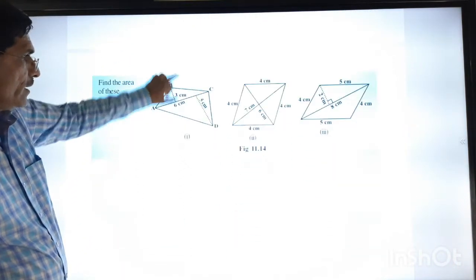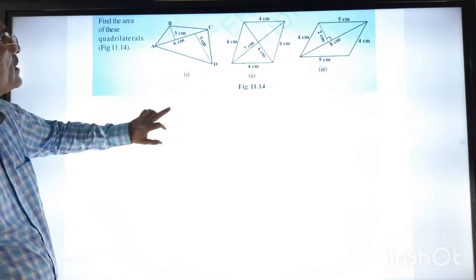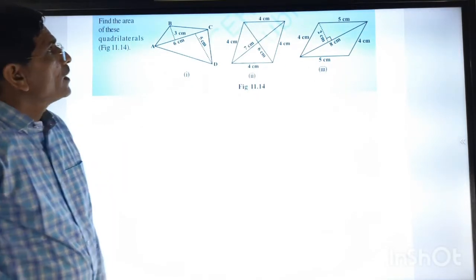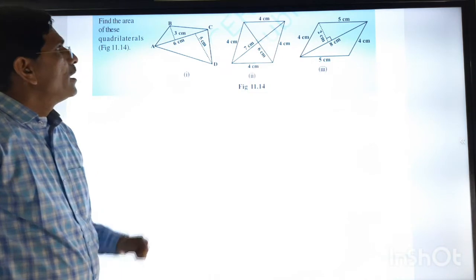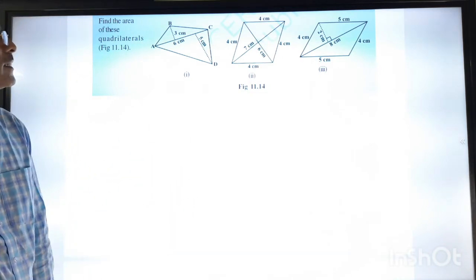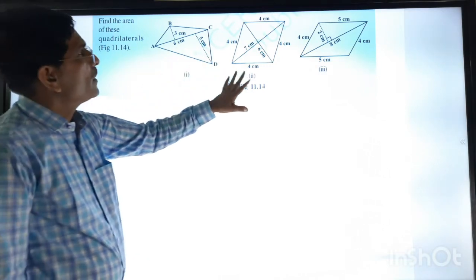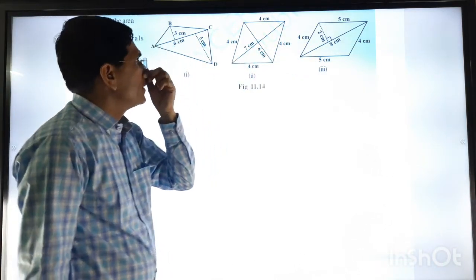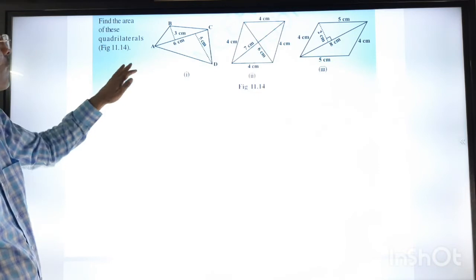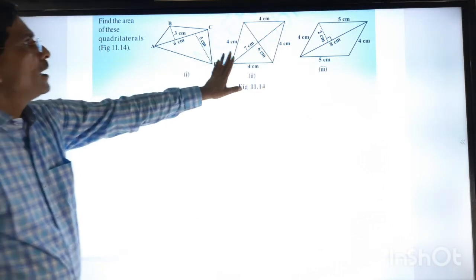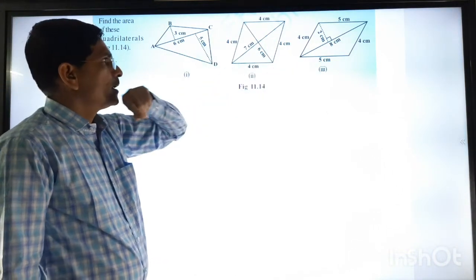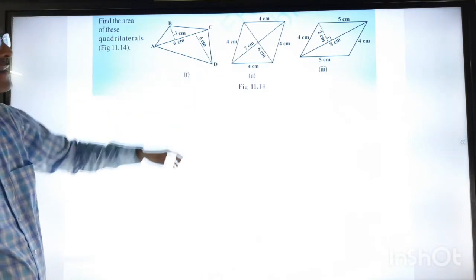Now let me see, we have to do this sum. If you look properly, it is a quadrilateral, rhombus and parallelogram. How can we say rhombus?